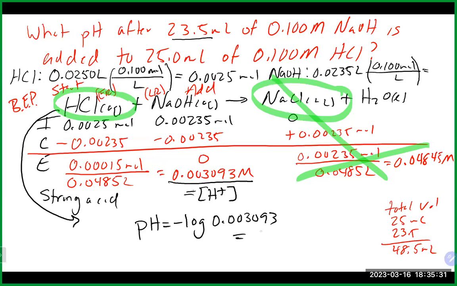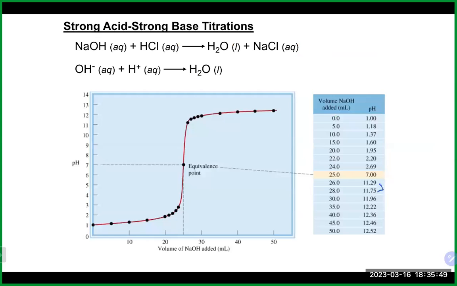Going to get us a pH here of about 2.51 here, which is acidic in this case. Any questions on that one there? You see how we did. We added 23.5, which is about here. We had 2.51, so that's between those two numbers. Not too bad. It's pretty good.